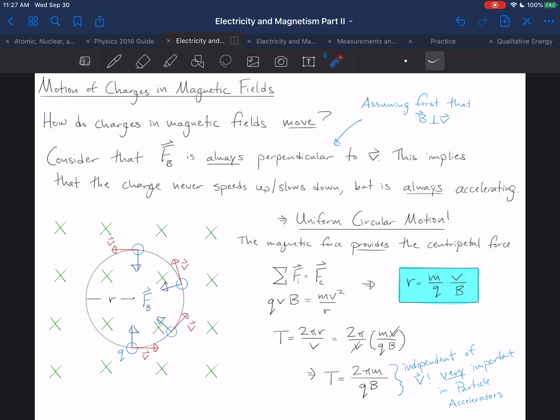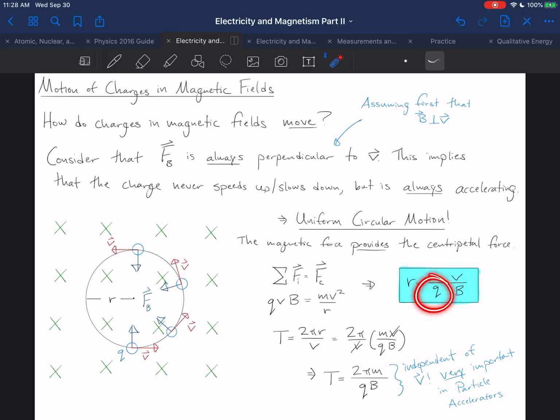You can then solve this equation for r, rearranging it algebraically, and you get that the radius of that uniform circular motion is related to the other variables. In particular, if the mass of the particle increases, that radius will increase. If the velocity of the particle increases, that radius will increase.